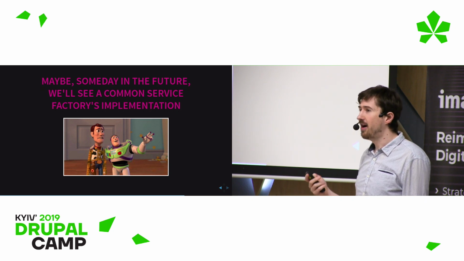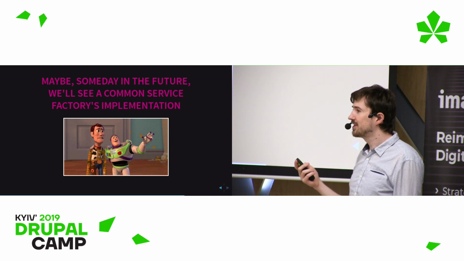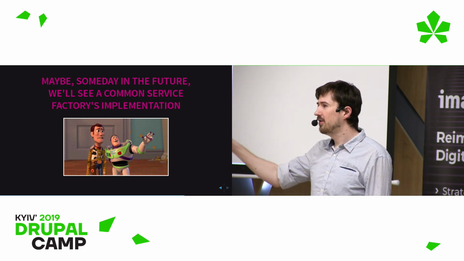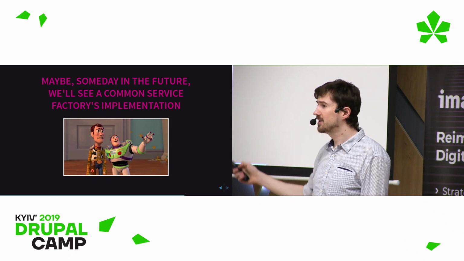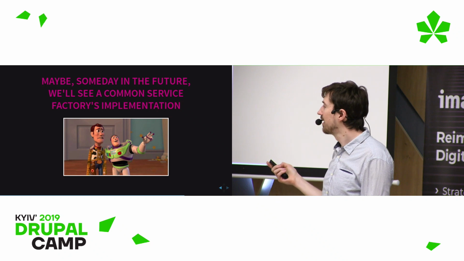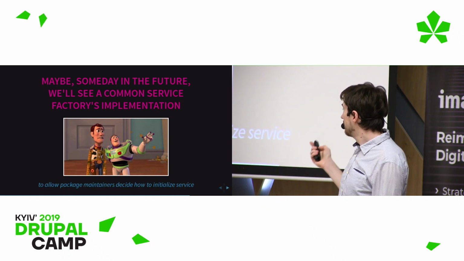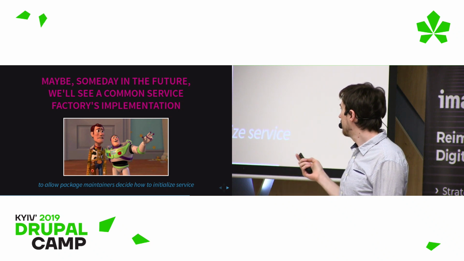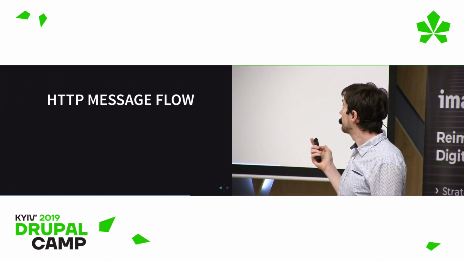So, for example, if I wish to install a new component, I need to run composer require for the PHP Twitter API, and that's all. And I can use it in Drupal, but right now I need to write a lot of code there. And it will allow package maintainers to decide how to initialize their services.